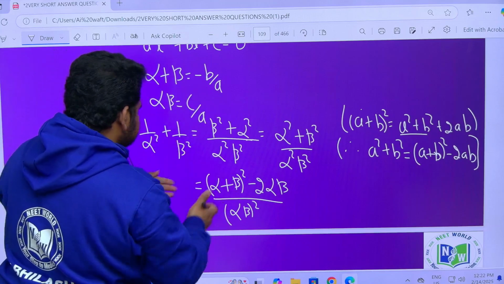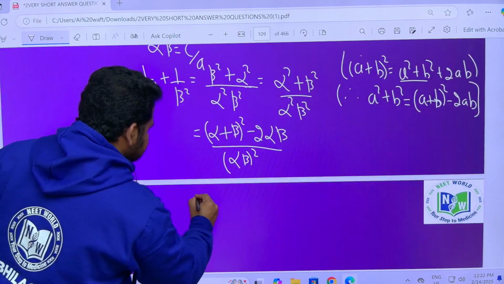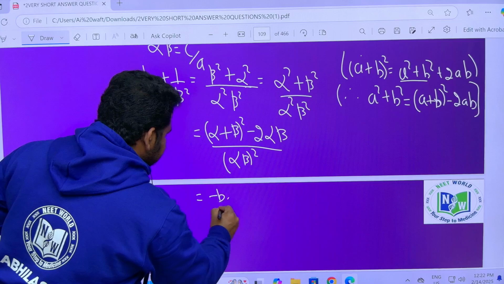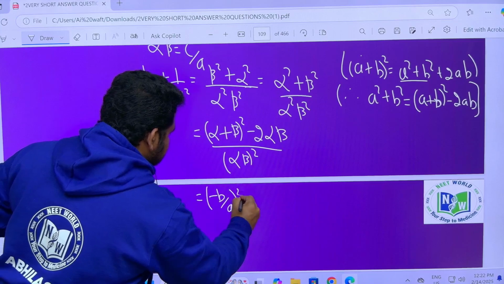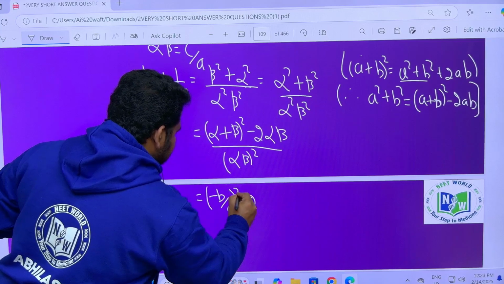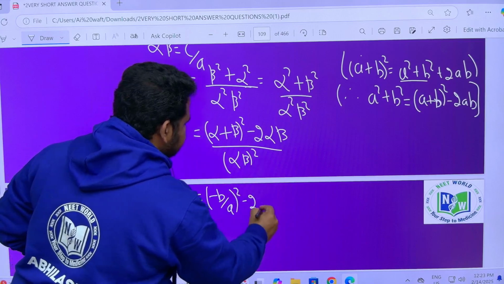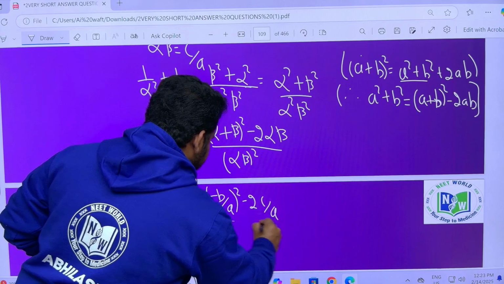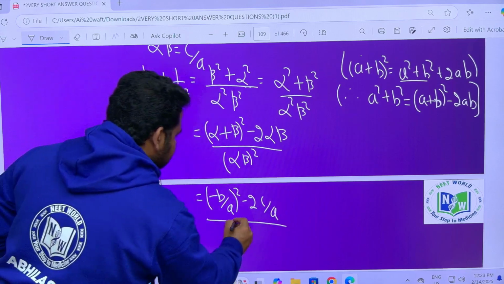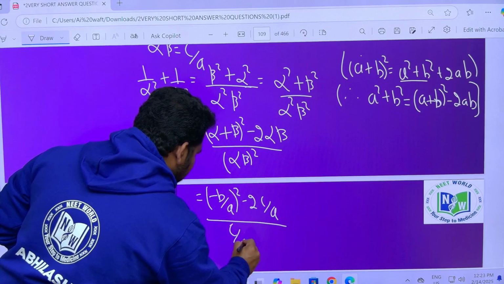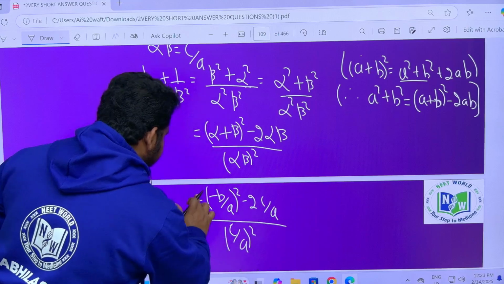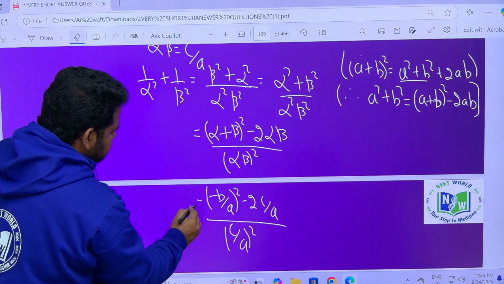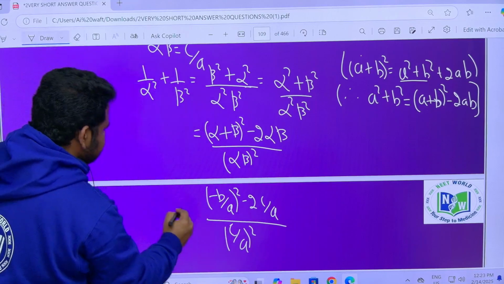So (alpha plus beta) square will become (minus b by a) whole square minus 2 alpha beta, and 2 alpha beta is 2 times c by a, divided by (alpha beta) whole square, which will become (c by a) whole square. Okay, so simplifying this, what will we get?